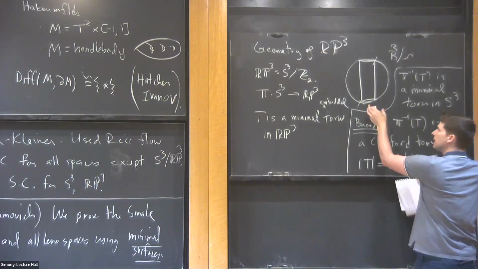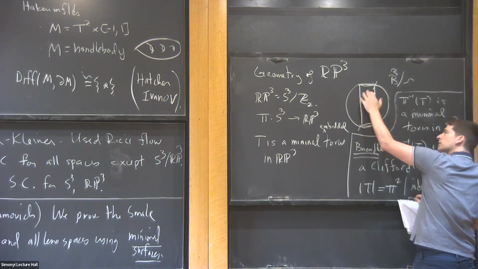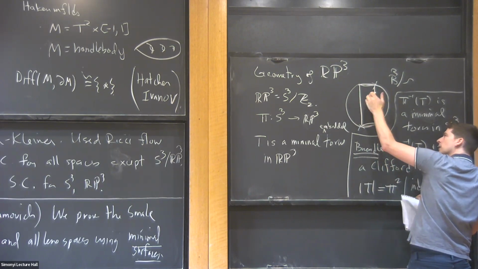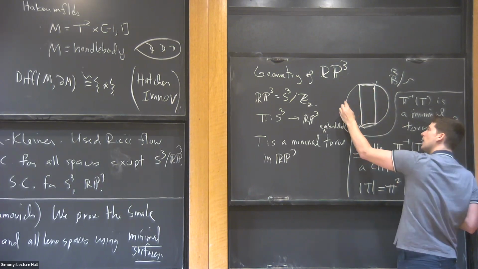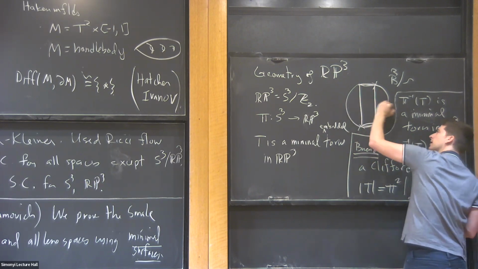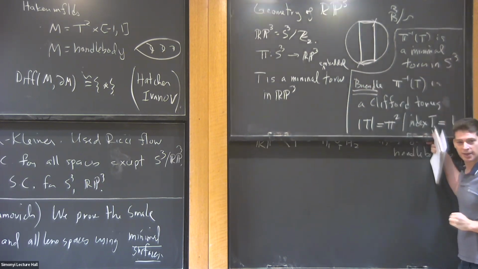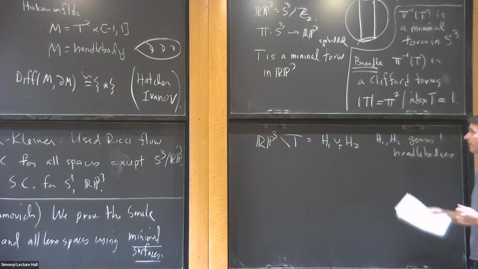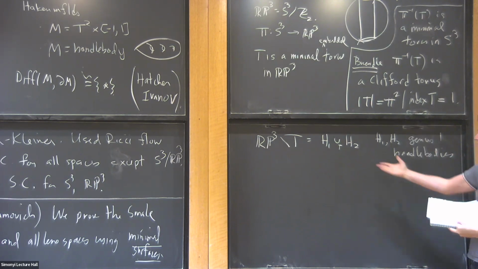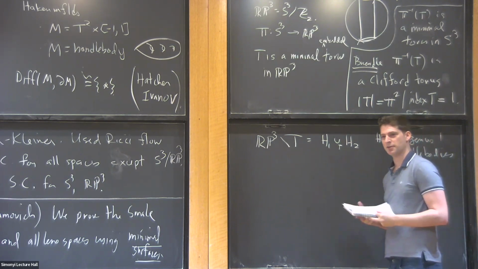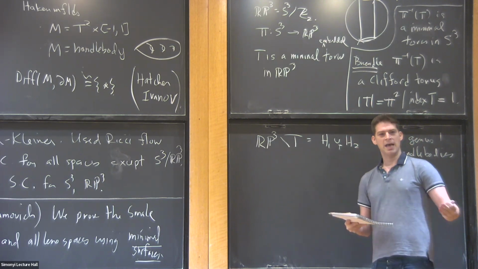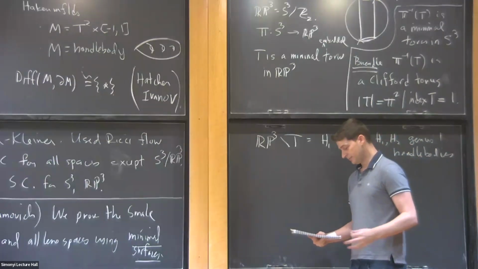It's clear that this one is a handle body, but you can convince yourself that the complement is too: if you were to enlarge this in this direction, you would collapse to a one-dimensional spine, which is a circle like that. This is called a Heegaard surface, when you divide the manifold into two handle bodies.